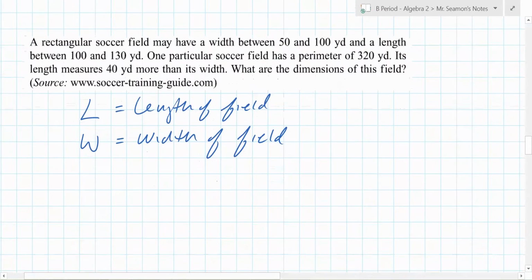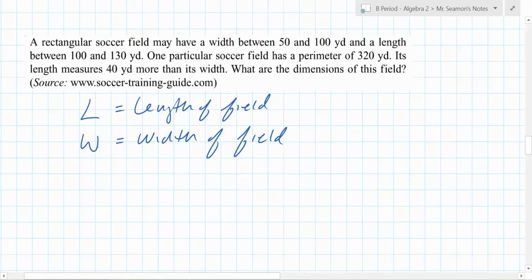So we now need to look at the story and say, what's one thing we know is true? Gabby, what's one thing we know is true? Its length measures 40 yards more than its width.